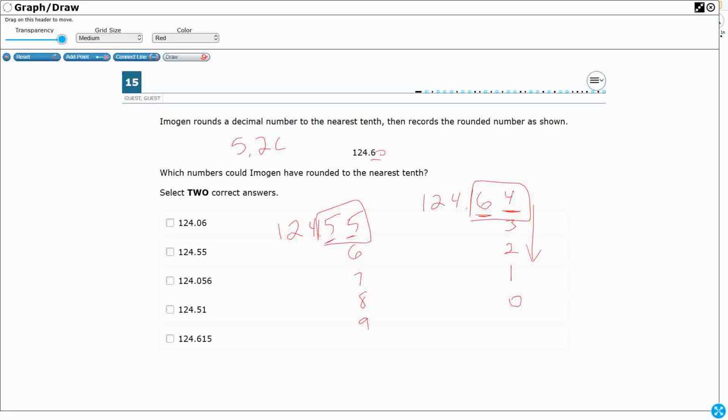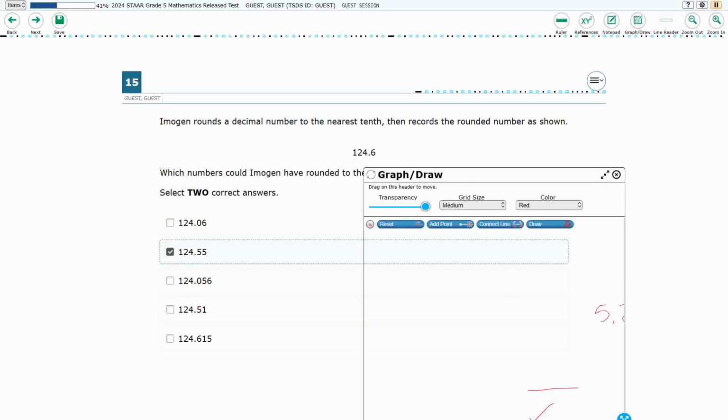So let's see, 124.06, not going to work. 124.55, yes. 124.0, no. 124.51, no. Now, I didn't think of this one, 124.61, and then we added 5. That's fine, because that 1 is still going to make that 6 go to the tenths place of 6 tenths. So, yeah, these two are going to work.